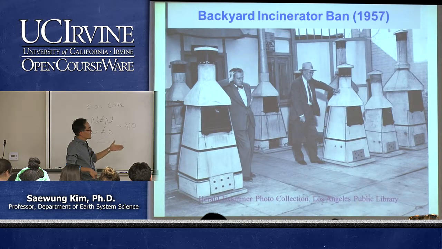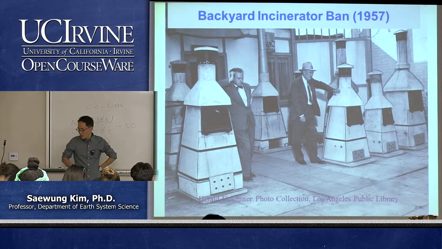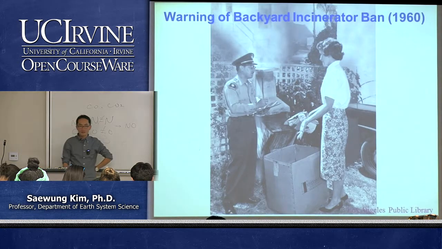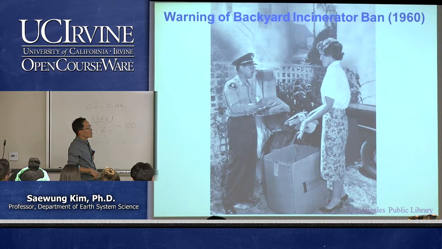So that's one emission source at the time that was removed. This kind of backyard incineration was banned. If you take a look at this, in 1960 it was banned. So she got cited for burning her waste in the backyard. In 1960, this emission source was eliminated from the Los Angeles area.